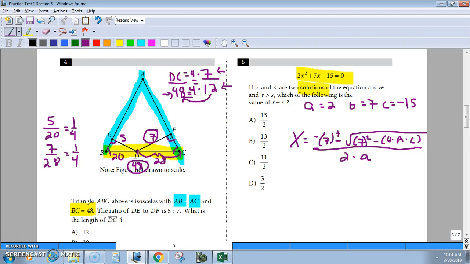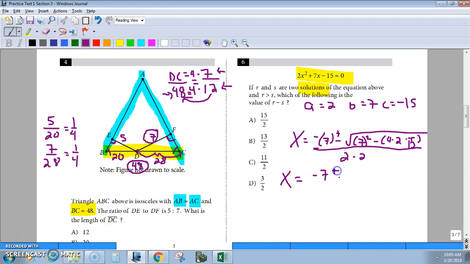And everywhere I see a c, I'm going to put negative 15. It's really important to remember that negative because the formula has a negative in there also. Okay, and it's just like we have been doing.